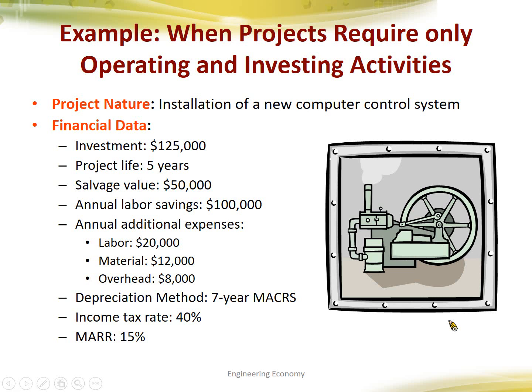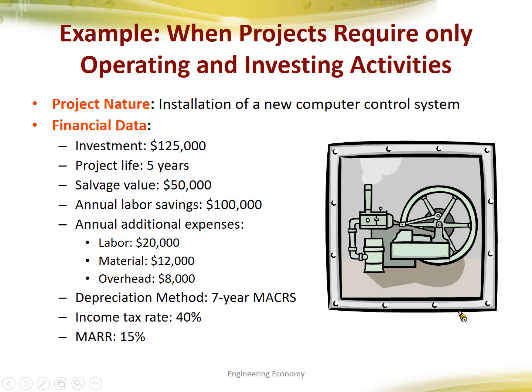And the income tax rate, to make it simpler, is 40%, and MARR is 15%. So this is, in terms of the project, something that you can think of, like right from the beginning, you have some simple data that you can run.